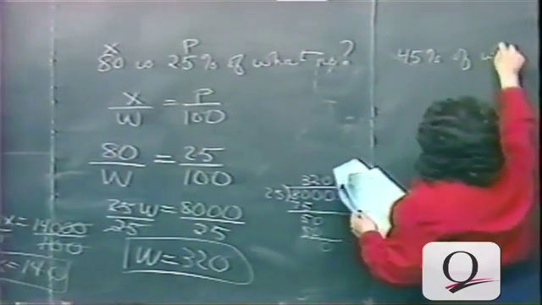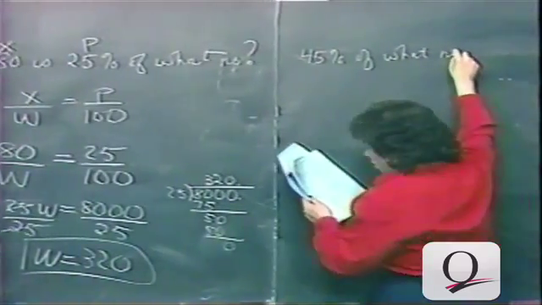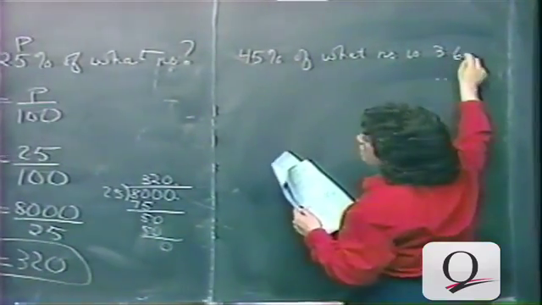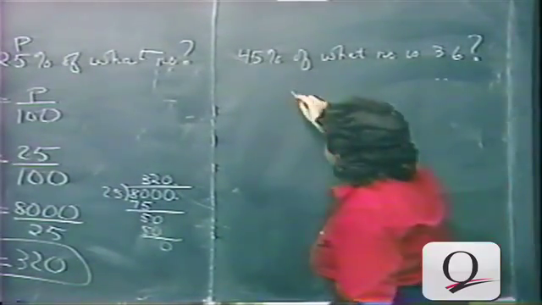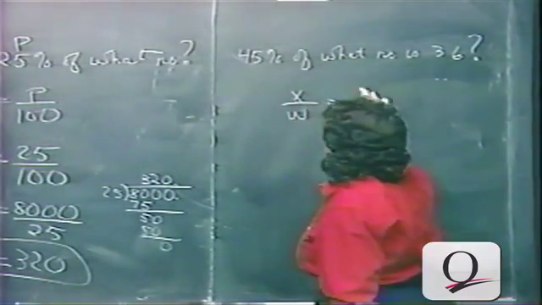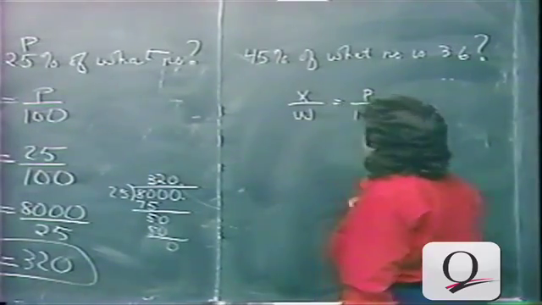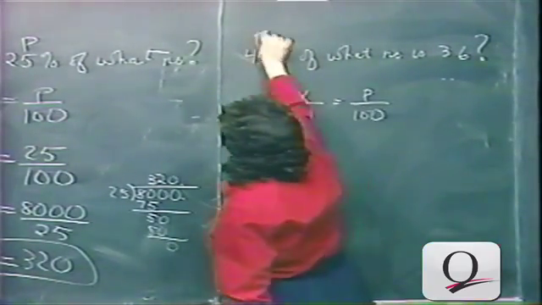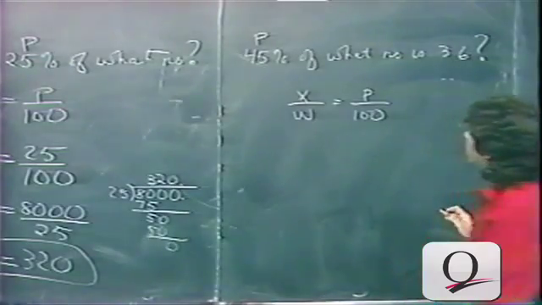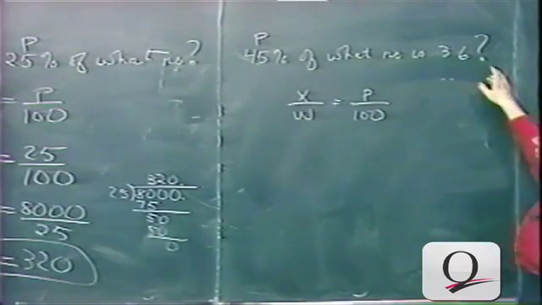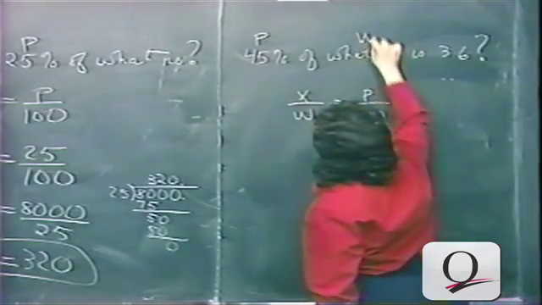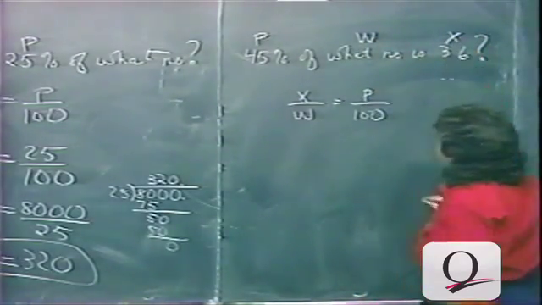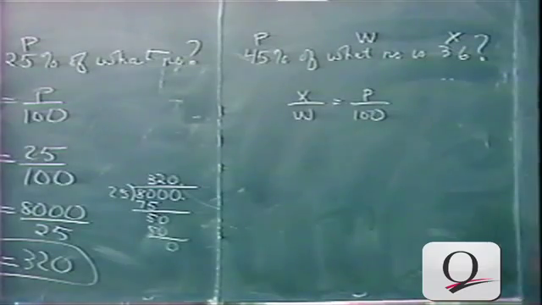45% of what number is 36? Once again, X is to W as P is to 100. 45%, that must be the P. Of what is 36? That must be the whole, and what we're given is the part.